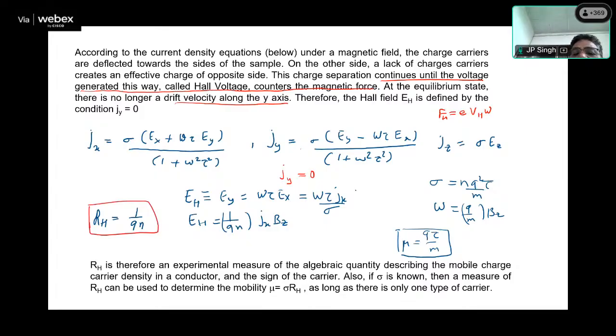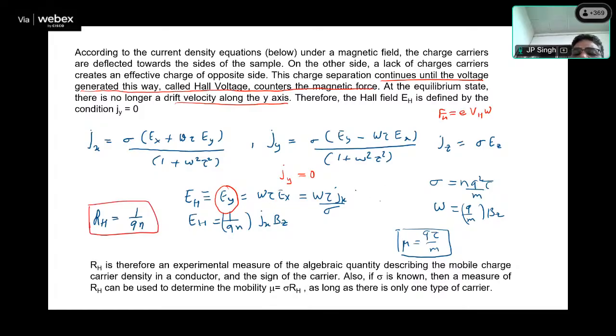Since there is no drift velocity along the y-axis, my Ey will be simply the Hall field, EH. So I put Ey as EH and make it zero, and then I can figure out how much the Hall field is: omega tau Ex.